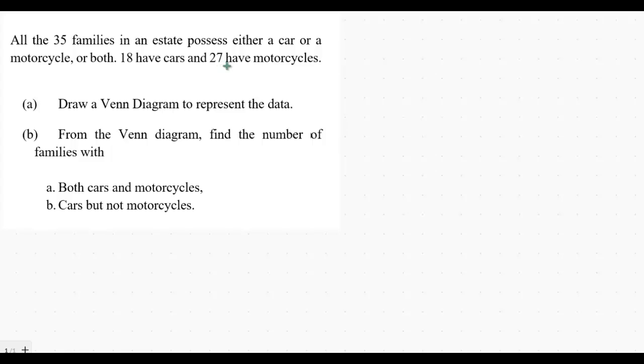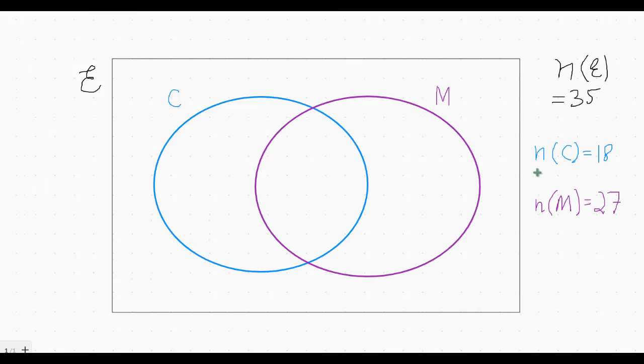Here 18 have cars and 27 have motorcycles. Therefore the number of families who have car are 18, and the total number of families who have motorcycles are 27.